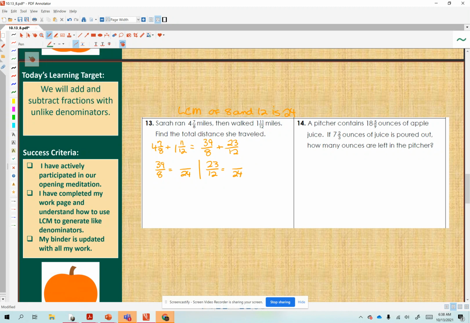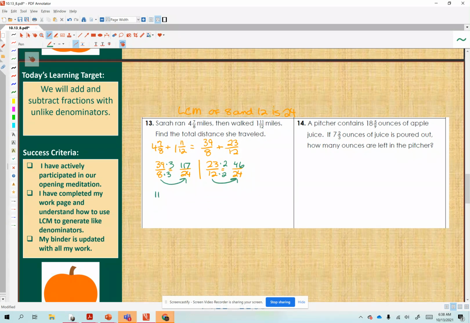So we'll convert 39/8 to 24ths, and we will convert 23/12 to 24ths. 8 times 3 is 24, 39 times 3 is 117, 12 times 2 is 24, 23 times 2 is 46. So these are our new equivalent fractions.